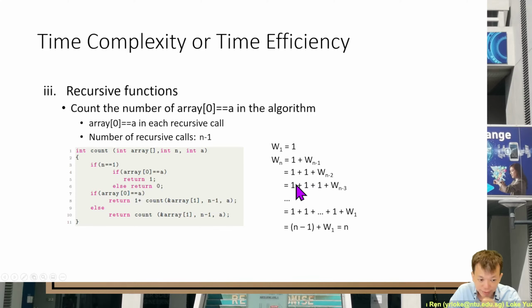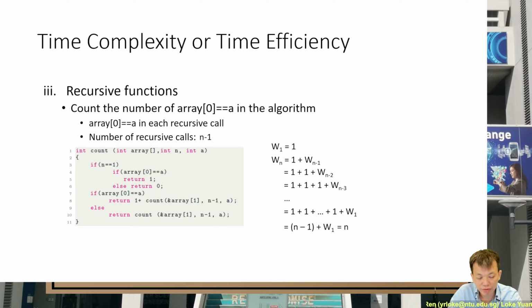But you will find that in many situations, the number of primitive operations may not be consistent. That means every call, every iteration, may not always have the same number of operations. Sometimes maybe 1, 2, 3, 4, 5.